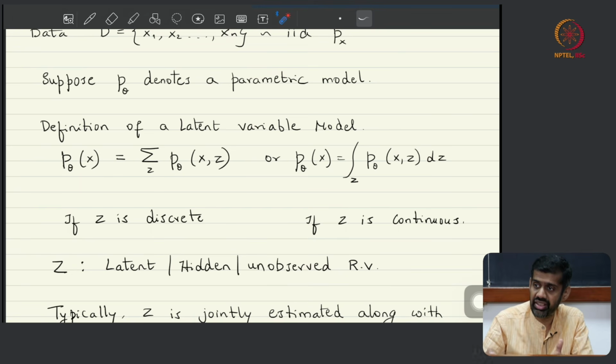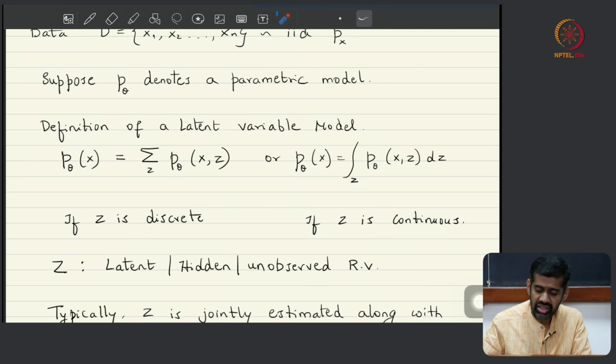That is why the name latent variable models. So, this z is not observed, this is not given. Most of the cases this z is going to be jointly learned with theta. When we learn the model parameters, we also learn the latent variables. These latent variables can be continuous or these can be discrete.